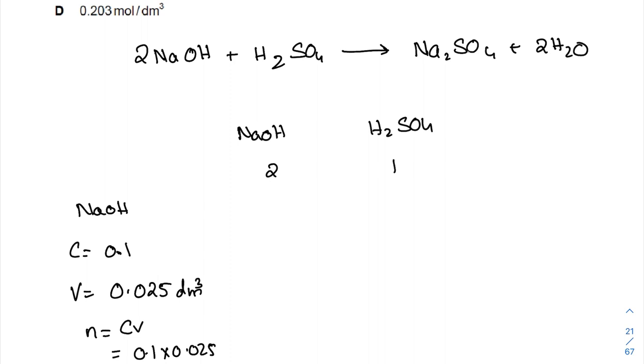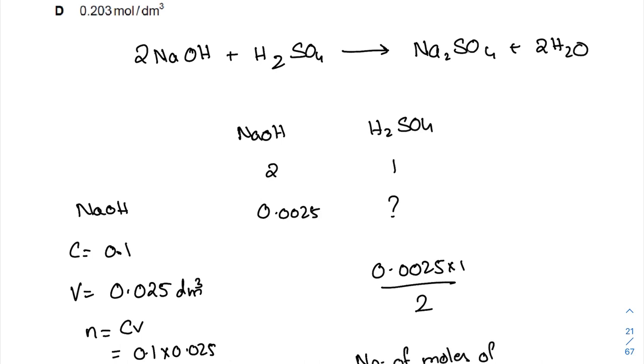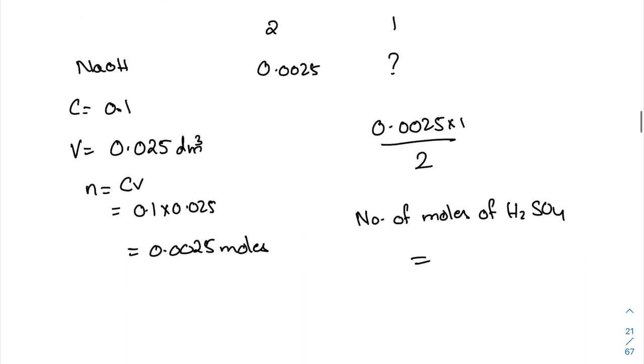What does that become? 0.0025 moles for NaOH. Now for H2SO4, if NaOH moles is 0.0025, what will be the moles of H2SO4? It will be 0.0025 times 1 divided by 2. So moles of H2SO4 equals 0.0025 divided by 2, which is 0.00125.